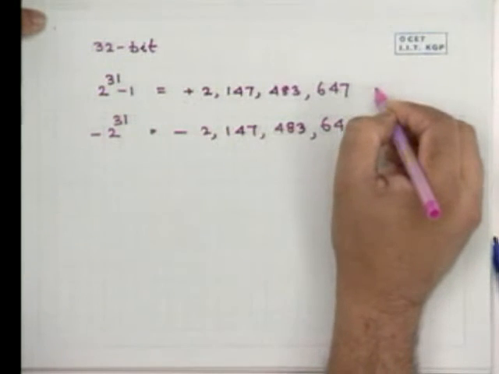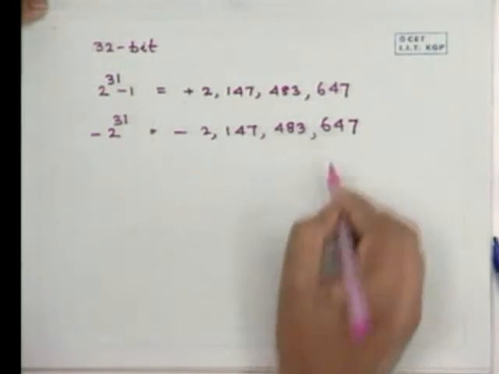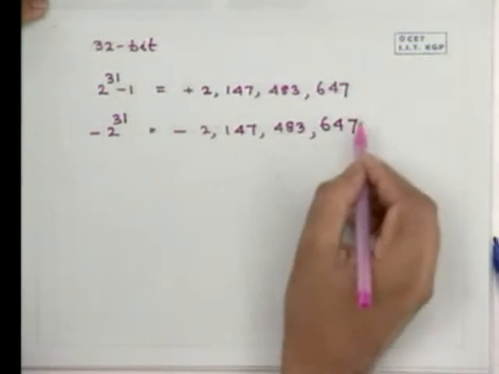Therefore, this is the highest number and this is the lowest number that I can represent in an integer, with a unique 0.